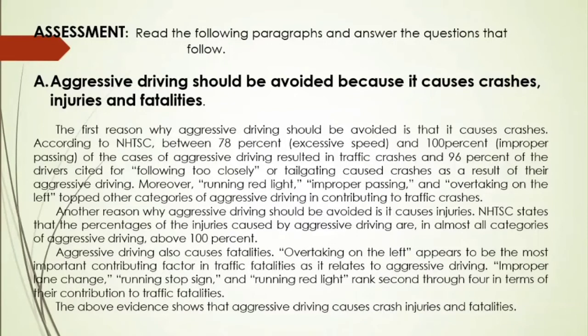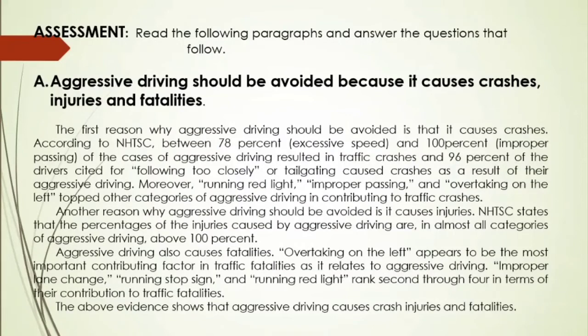Another reason why aggressive driving should be avoided is it causes injuries. NHTSA states that the percentages of the injuries caused by aggressive driving are, in almost all categories of aggressive driving, above 100%. Aggressive driving also causes fatalities. Overtaking on the left appears to be the most important contributing factor in traffic fatalities as it relates to aggressive driving. Improper lane change, running a stop sign, and running a red light rank second through fourth in terms of their contribution to traffic fatalities.